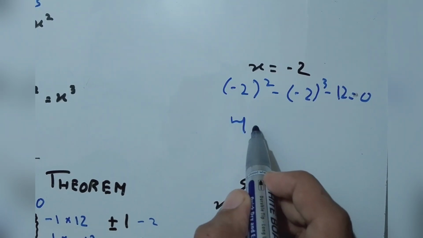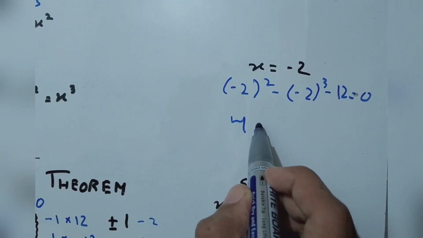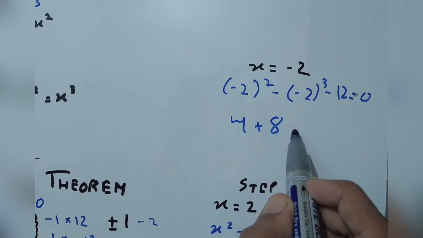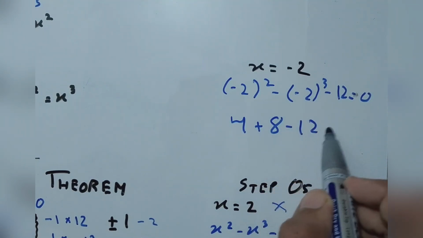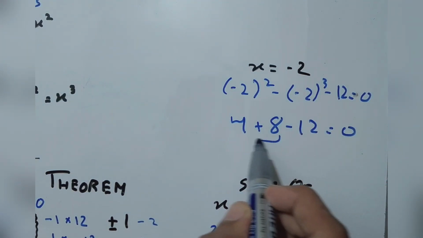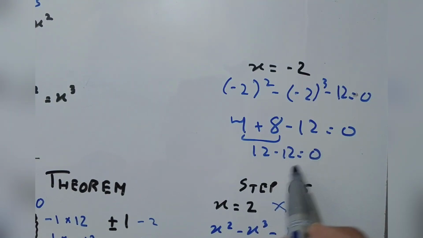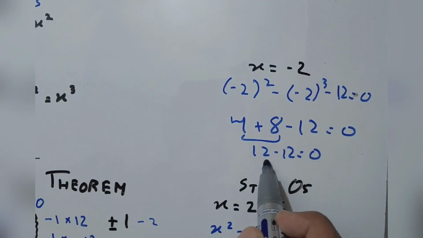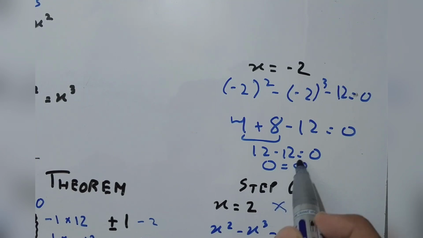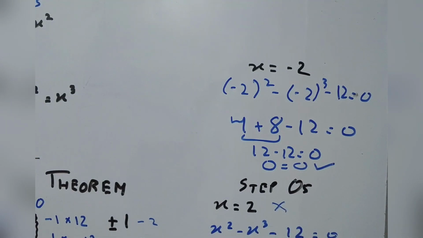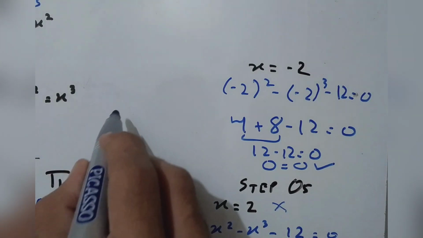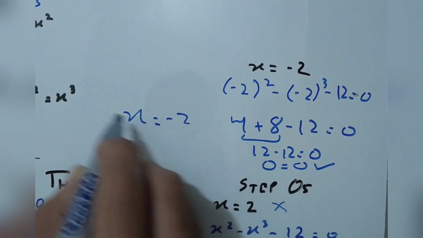Negative 2 squared is 4, and minus minus gives a plus, here is 8, and minus 12 equals 0. So 8 plus 4 eventually gets us to 12, minus 12 equals 0, and yes, 0 equals 0. Hence we have got our final answer, and our final answer is x equals 2. x equals negative 2, sorry.